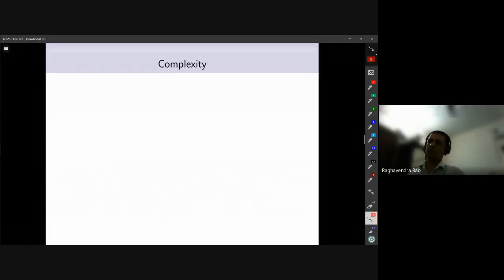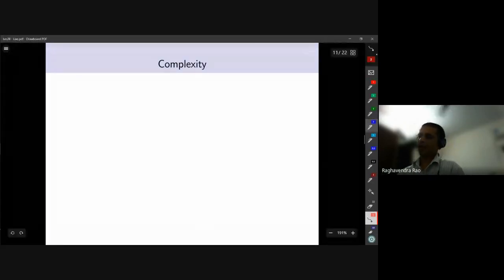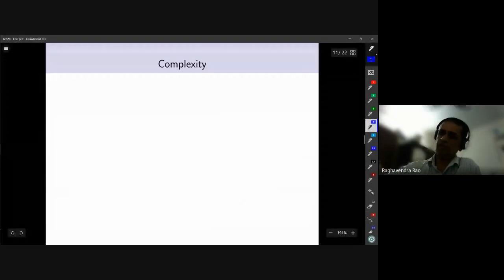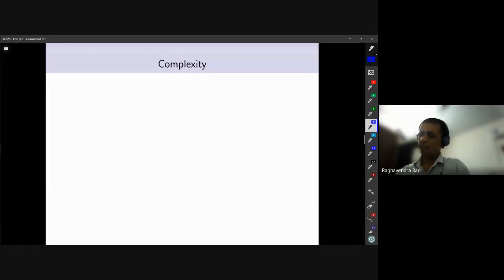Okay, so we are done with the correctness of Prim's algorithm. Now, for the next 2 to 3 lectures, we are going to look at the implementation of Prim's algorithm. Let's quickly do a rough analysis of its complexity. What is the total number of iterations in Prim's algorithm?